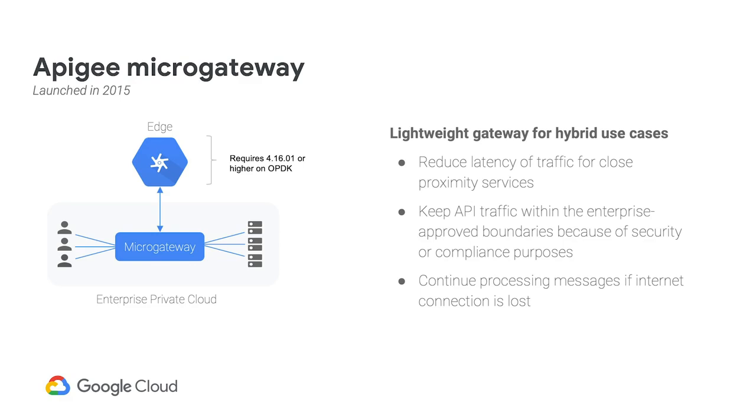Things like API key verification, OAuth verification, quota, spike arrest were all critically needed for the API as close as possible. A more centralized gateway would have meant that every one of your microservices would have to go to the centralized gateway and come back, incurring a lot of latency to your microservices, so they really wanted a lightweight gateway there.